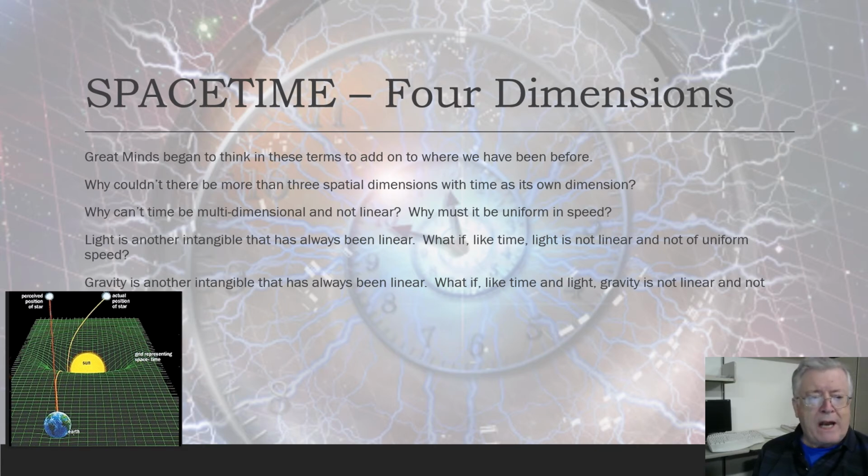What if it's an infinite line extending both directions and the Big Bang is just one of our reference points? Why does it have to be uniform in its speed? Again, we have our artificial constructs that we've added, but maybe time doesn't respond to that. Maybe it speeds up and slows down.